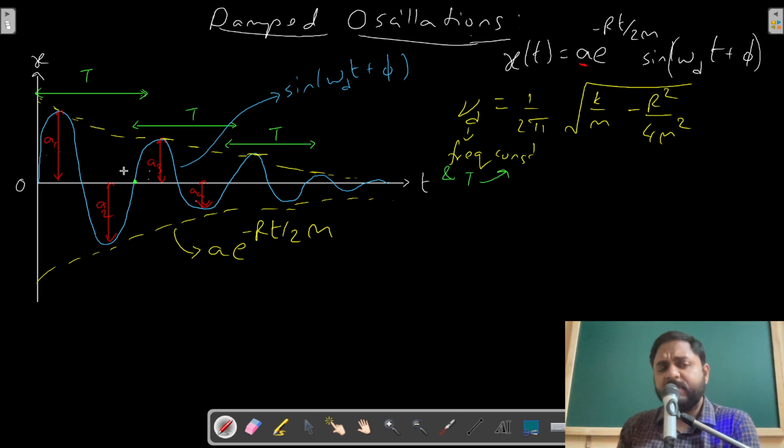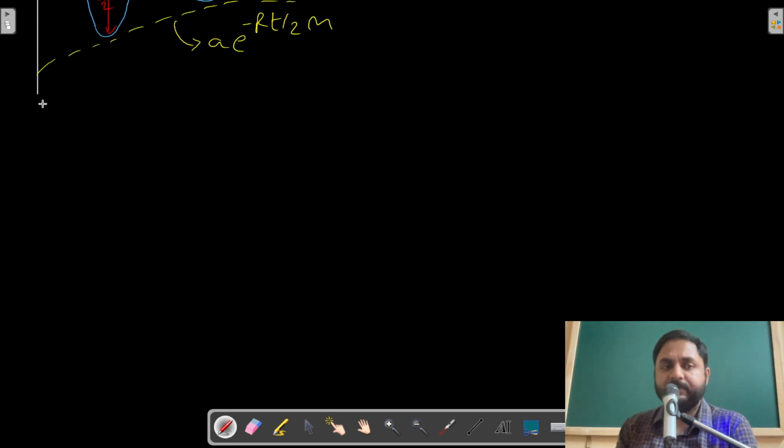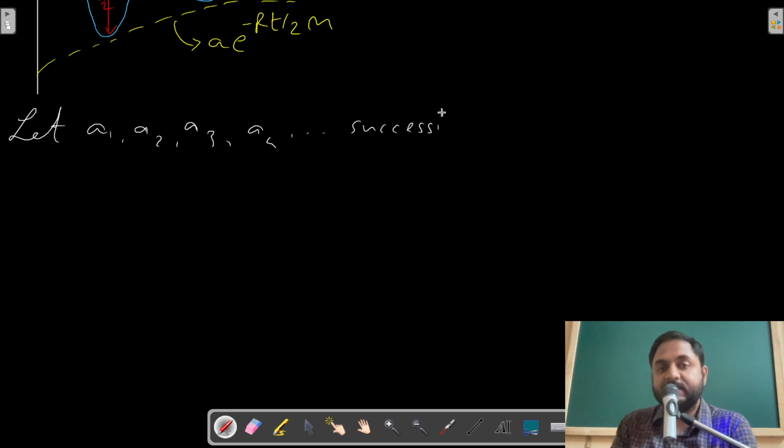Now we want to find out if there is any kind of relationship between these amplitudes, and there does exist a relationship. Let us go through a very short derivation to find out what this relation is. I'm going to start by assuming that A1, A2, A3, A4, and so on are the successive amplitudes, in the case of under damped oscillations.